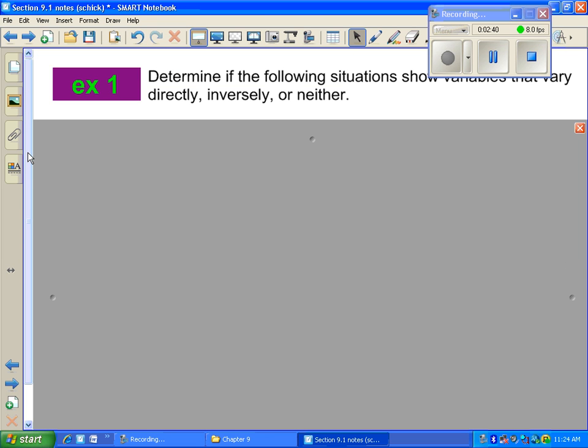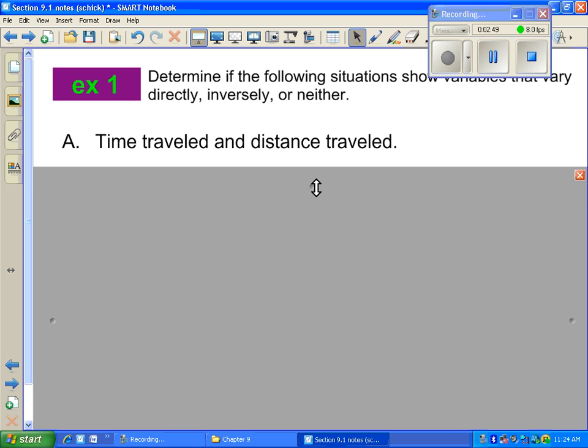Example 1. Determine if the following situations show variables that vary directly, inversely, or neither. Well, let's see. A, time traveled and distance traveled. So the longer I travel, as time goes up, the distance goes up with it. So that means that has to be a direct variation.